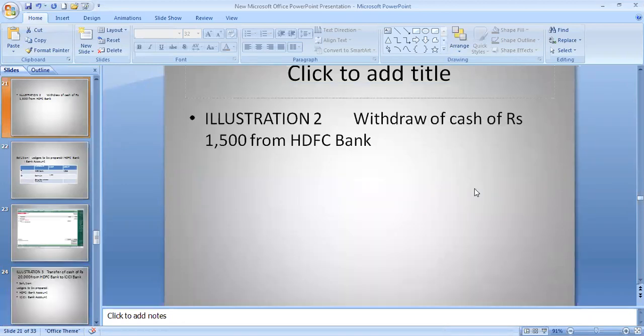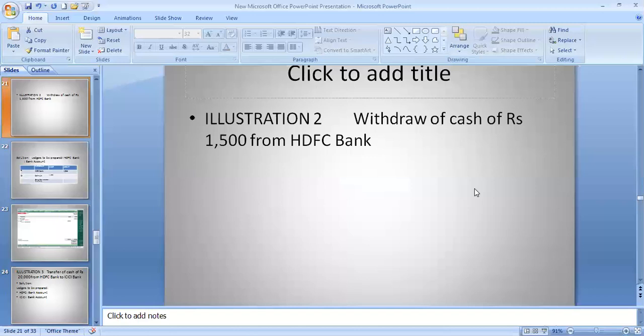So, withdraw of cash of rupees 1,500 from HDFC Bank. We have not yet created the ledger. So, withdraw of cash. What will be the normal transaction here? Cash account debit to HDFC Bank. HDFC Bank becomes the giver.